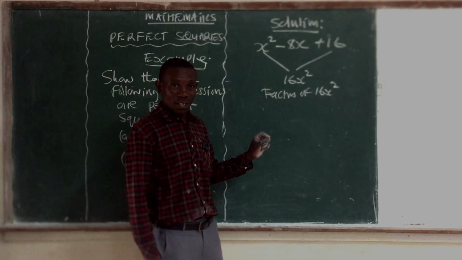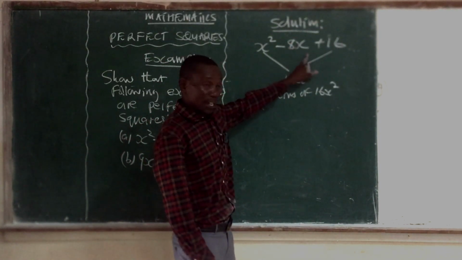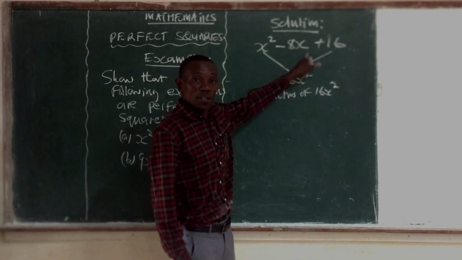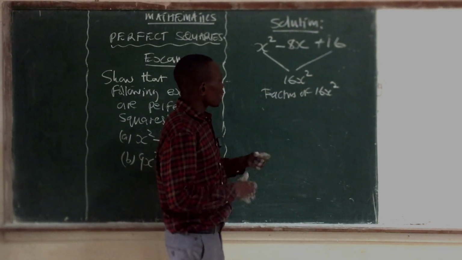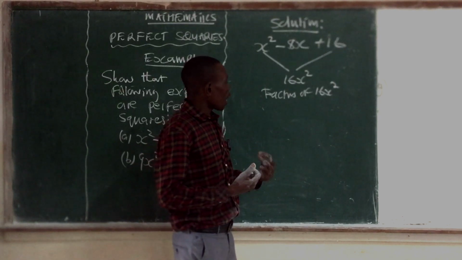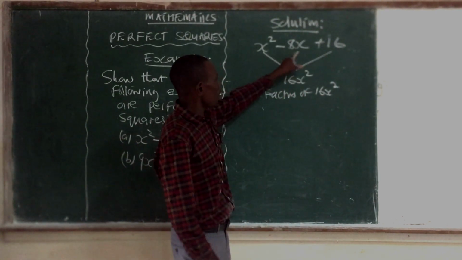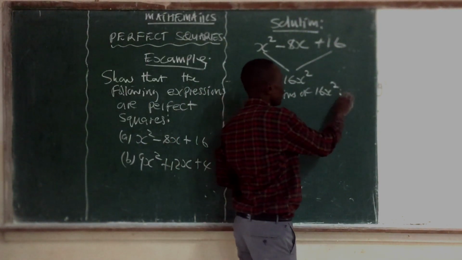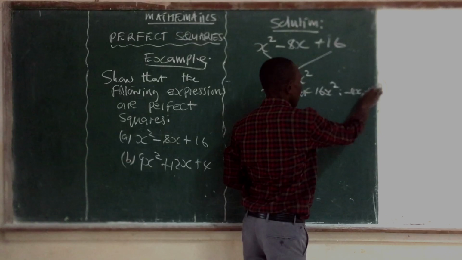The condition is that when you add the two factors, they have to give you negative 8x, the middle term of that quadratic expression. So the factors that, when multiplied, give positive 16x squared, and when added, give negative 8x, are negative 4x and negative 4x.